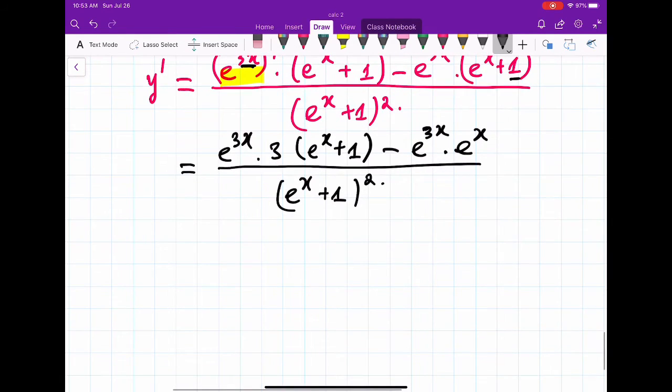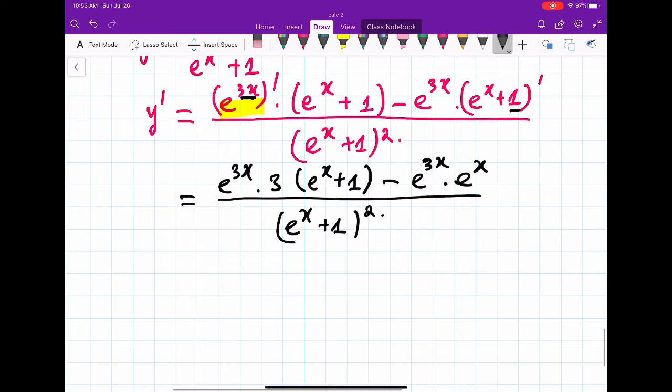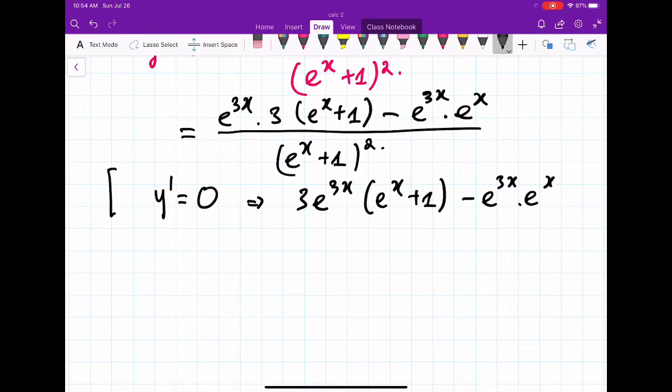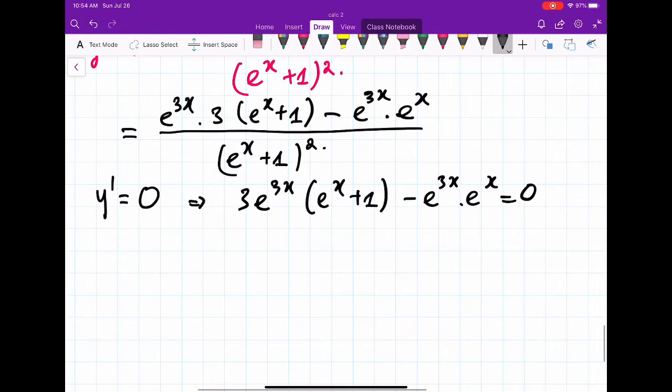And if you want to set this equal to 0 and solve for the critical points, it's also nice. If you put the derivative equal to 0, so you put the top equal to 0, you have e to the 3x times 3, times e to the x plus 1, minus e to the 3x times e to the x, equal to 0. And you see, you have this common term, but that is always bigger than 0, so I can cancel that out.